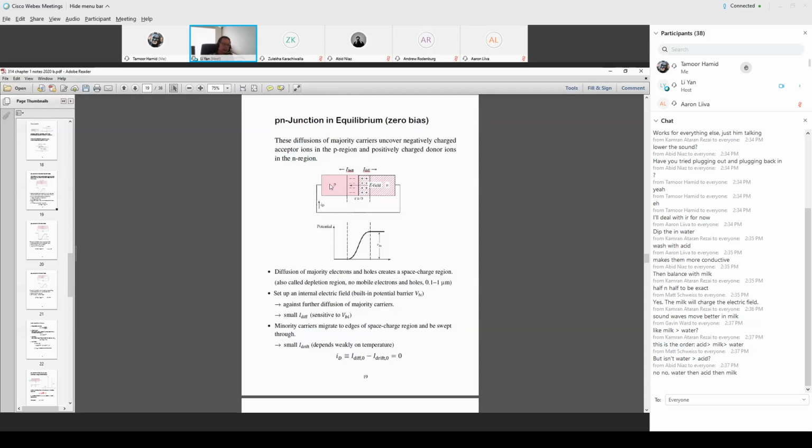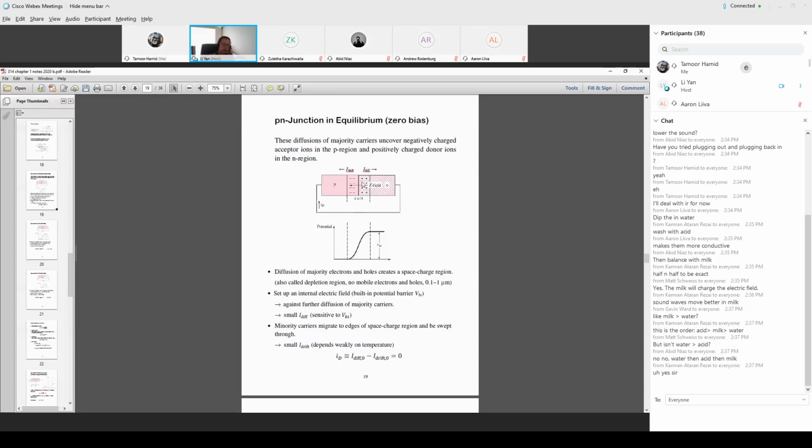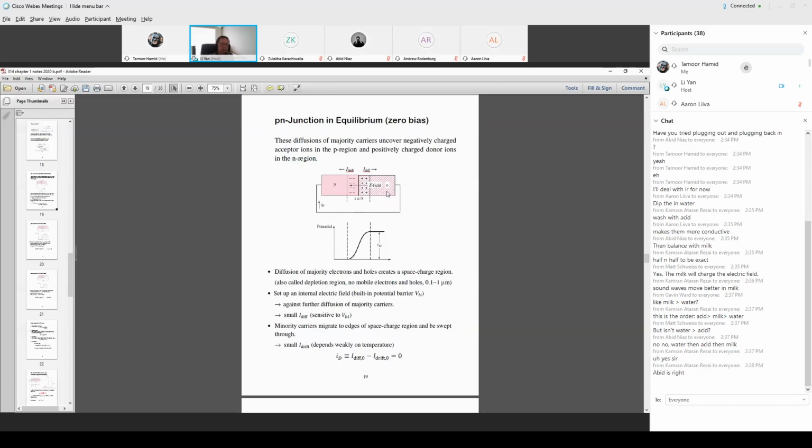And likewise, minority carriers in the P region, once they wander into the edge of this space charge region, the electrons will also be pulled by the electric field across the space charge region to the other end. So we have this situation: minority carriers are swept through the space charge region by the internal electric field.